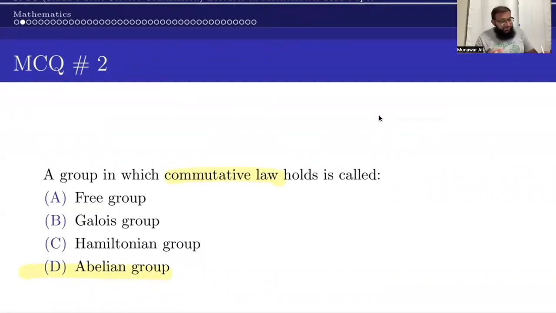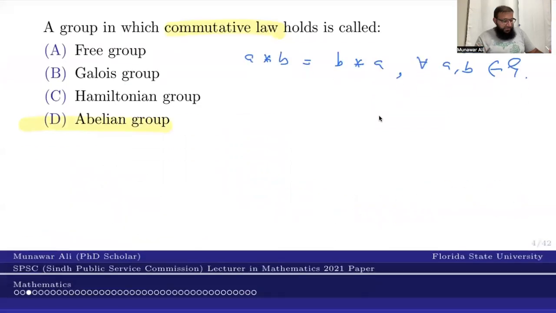With respect to the binary operation, whatever you have, addition or multiplication, a star b is b star a for all a, b in the group. This is a property we call the commutative law or commutative property. And if this holds, we say that the group is abelian.